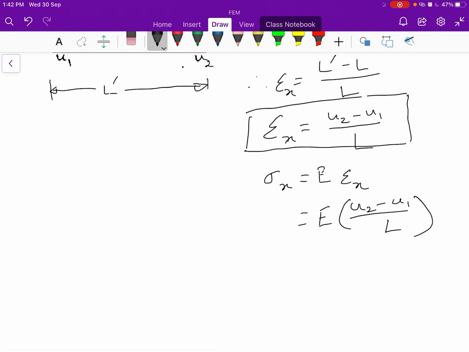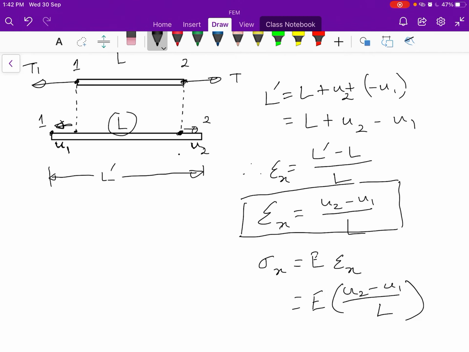The third expression that we would require is this: say, if we consider that this particular bar is having a cross sectional area A. Cross sectional area means the area which you would be seeing for this bar element when you would be looking from this side, from this side or from this side, whatever area that you would see, that would be the area of cross section.